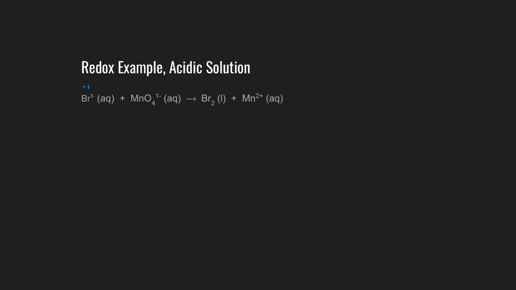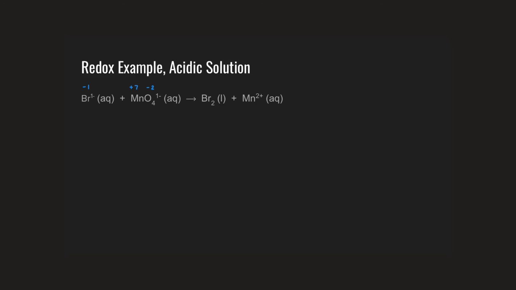In the permanganate ion, the oxygen atom is in a -2 oxidation state, as it always is, unless we're in a peroxide. And then the sum of the oxidation numbers must equal the -1 overall charge, which means to balance out the 4 -2 oxygens, I needed one +7 manganese atom there to give me an overall sum of -1.